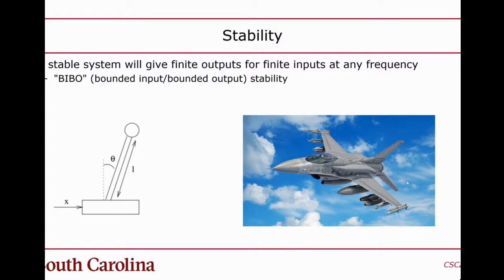Of course, you have to trim the elevator, otherwise you'll start to go down or up. But as long as the control surfaces are trimmed, you can let go and it'll just fly straight.